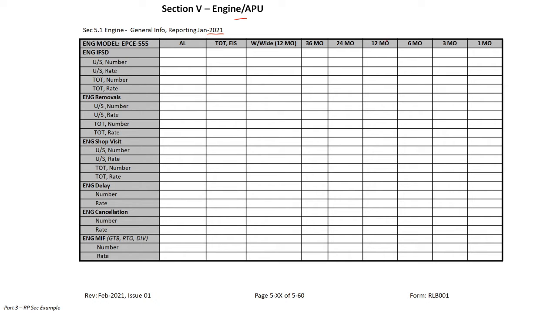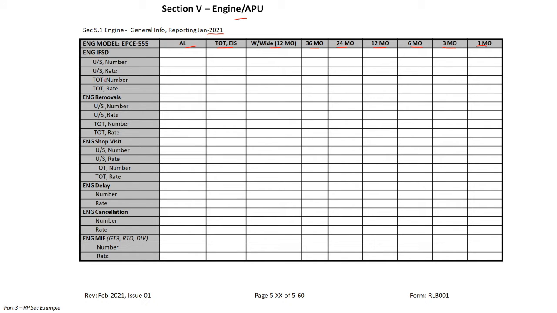In columns, we have 1 month information, 3 months information, 6, 12, 24 months, 36 months, worldwide 12 months, since entry into service total, alert level.